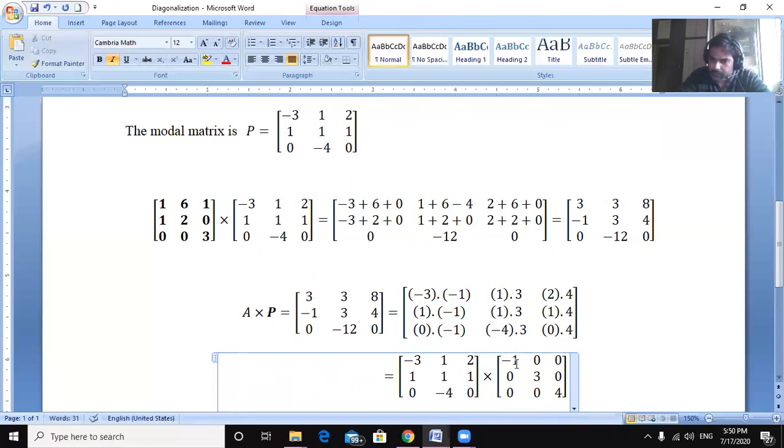I am writing this in a particular order. The first column is the first eigenvector, therefore in the first column the first eigenvalue, the remaining elements 0. In the second column the second diagonal element is the eigenvalue, remaining elements 0. In the third column a diagonal element is the eigenvalue, the remaining elements are 0.